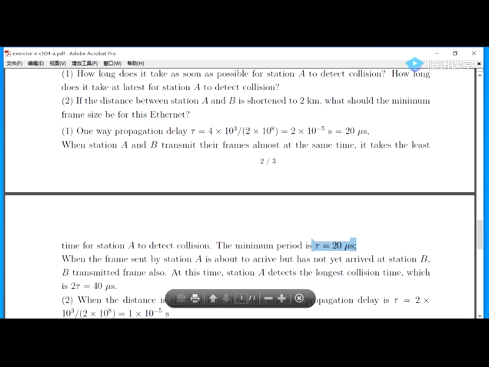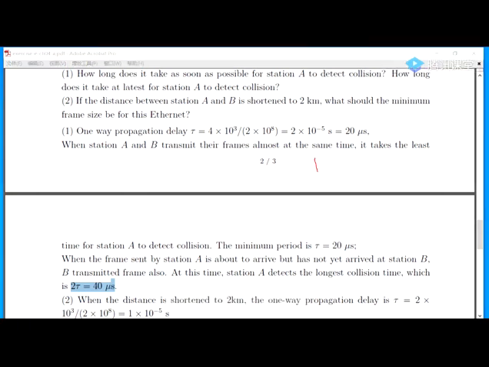When the frame sent by station A is about to arrive but has not yet arrived at station B, nearly arrived at station B, then B transmits its frame. At this time, station A detects the collision after the longest time, which is 2 tau. That is 40 microseconds.